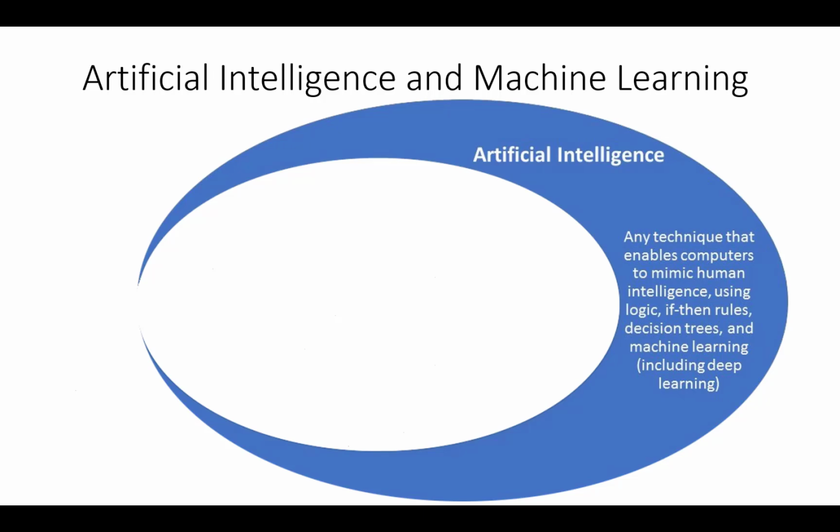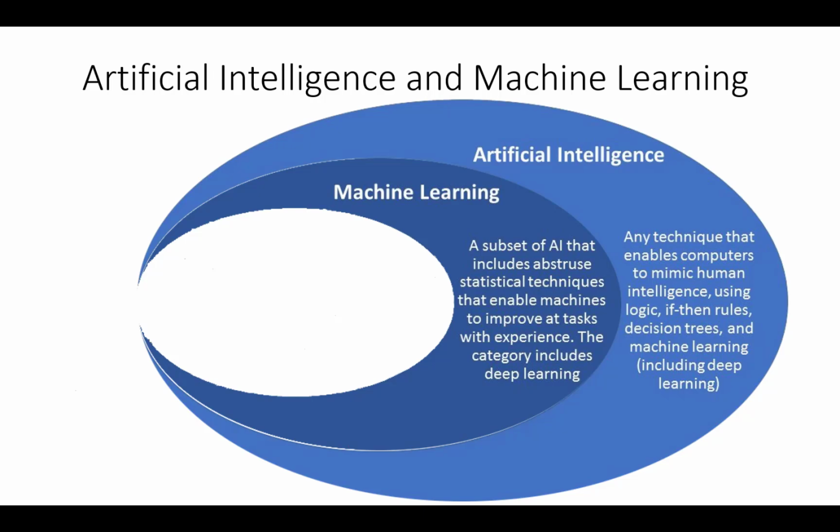And that is artificial intelligence. That's not an official definition of artificial intelligence, but there are more than 50 different definitions. So I do recommend you go and find the one that you like the best.